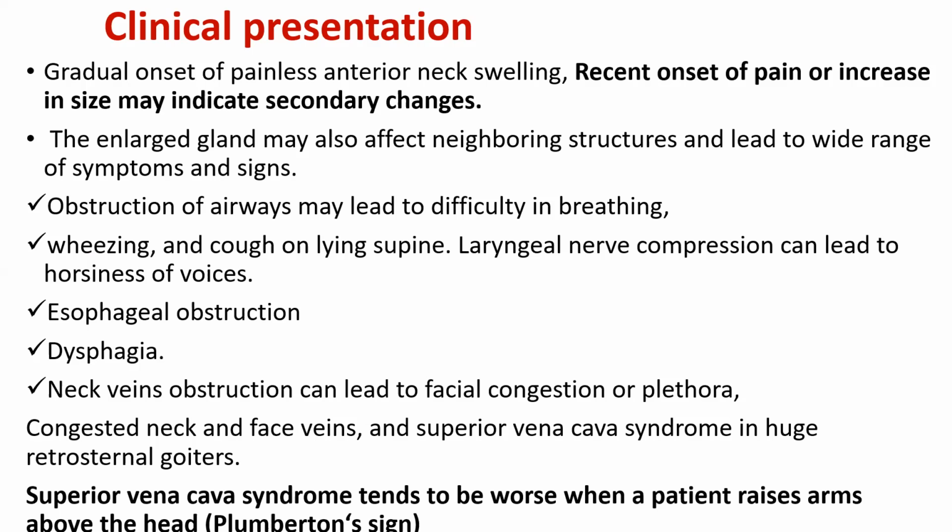Sometimes it may cause obstruction of the esophagus, dysphagia, or neck vein obstruction, which can lead to facial congestion. Likewise, congestion of the neck and face veins and superior vena cava syndrome occurs in huge retrosternal goiters. This superior vena cava syndrome tends to be worse when the patient raises the arms above the head. This sign we call the Pemberton sign.